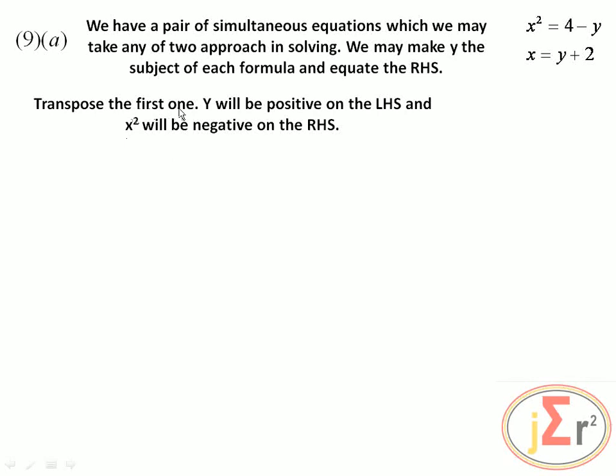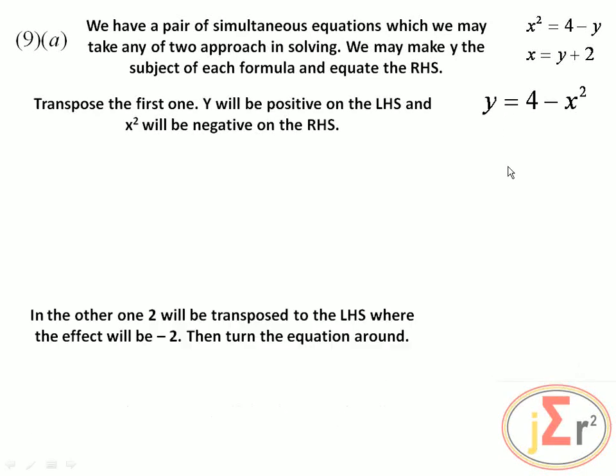Transpose the first one. Y will be positive on the left hand side, x squared will be negative on the right hand side. So take this over: positive y, take this one over, negative x squared. So y is equal to 4 minus x squared.